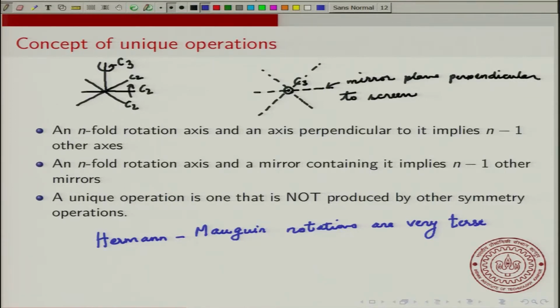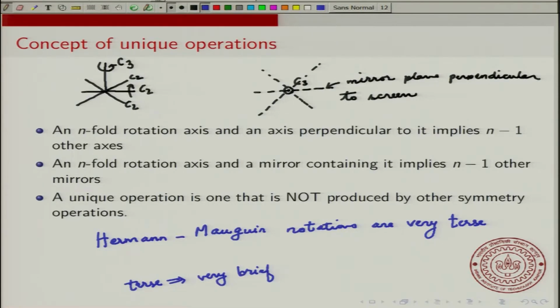Terse basically means they are very brief. They are very compact notations, and essentially through these very compact notations, you are showing the entire set of symmetry operations of a point group.